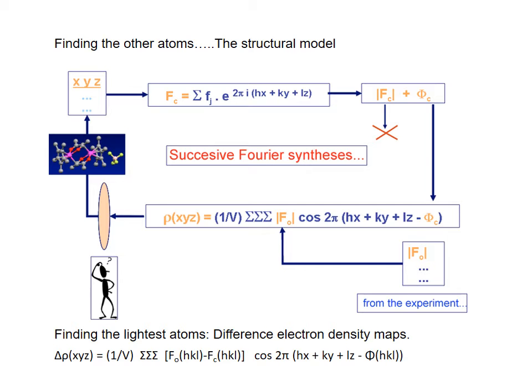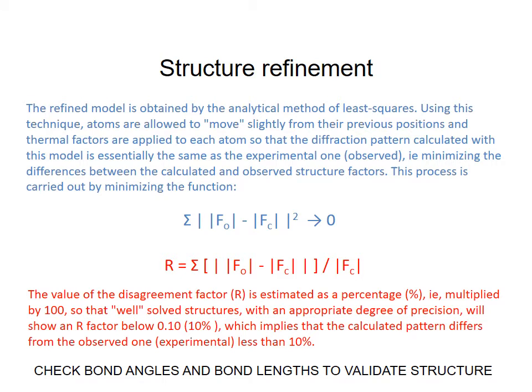So for that reason, in the next step, you do what is called structure refinement, using a method which is called the least squares method, or the method of least squares. What you do here is slightly move the atoms around the position that you have found for them, and observe what happens to the difference between the observed structure factor and the calculated structure factor.